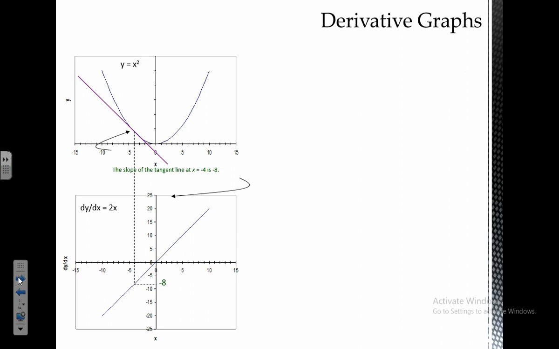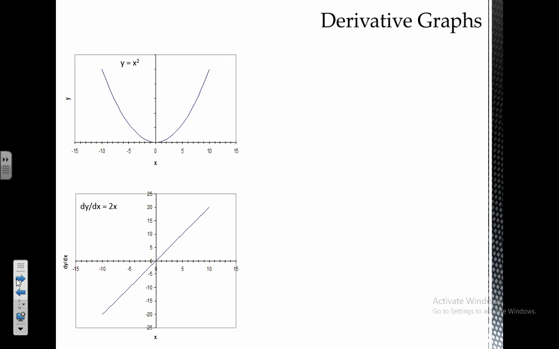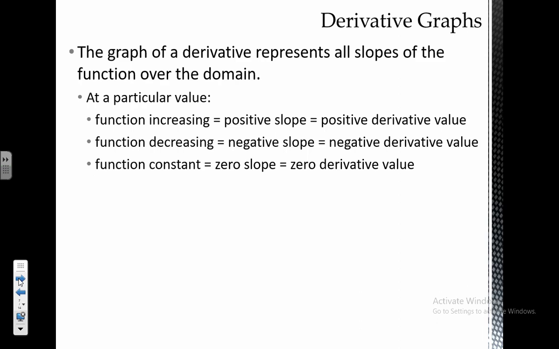So on our derivative graph, we have the coordinate (-4, -8). At x equals 0, we have a slope of 0, okay? That is our kind of change in direction. So on our derivative graph, we have the coordinate (0, 0). All right, this is going to start getting redundant, I know.